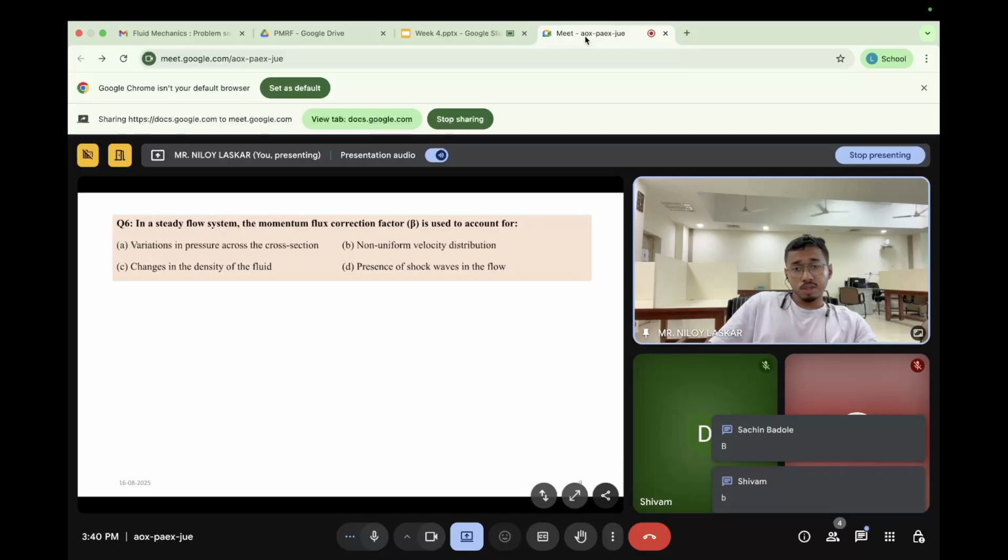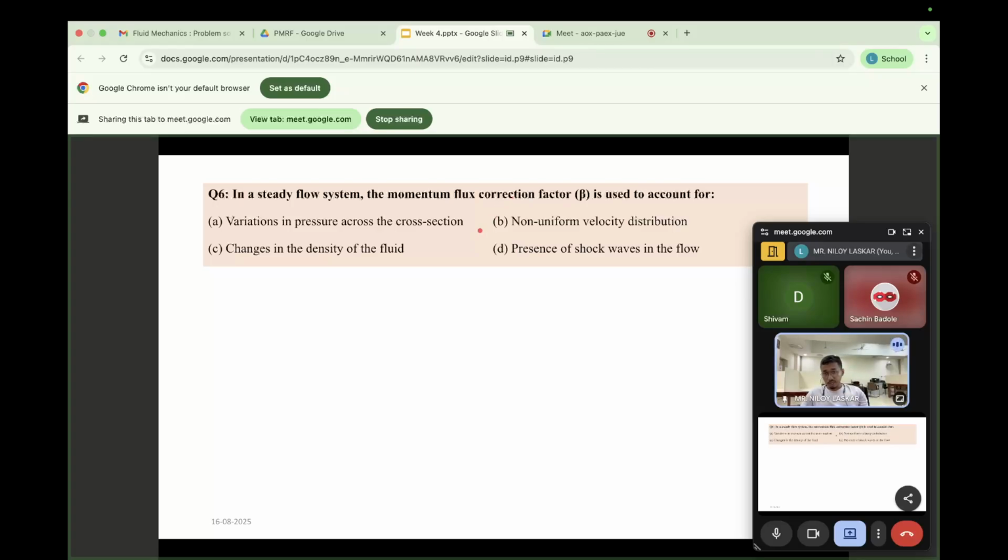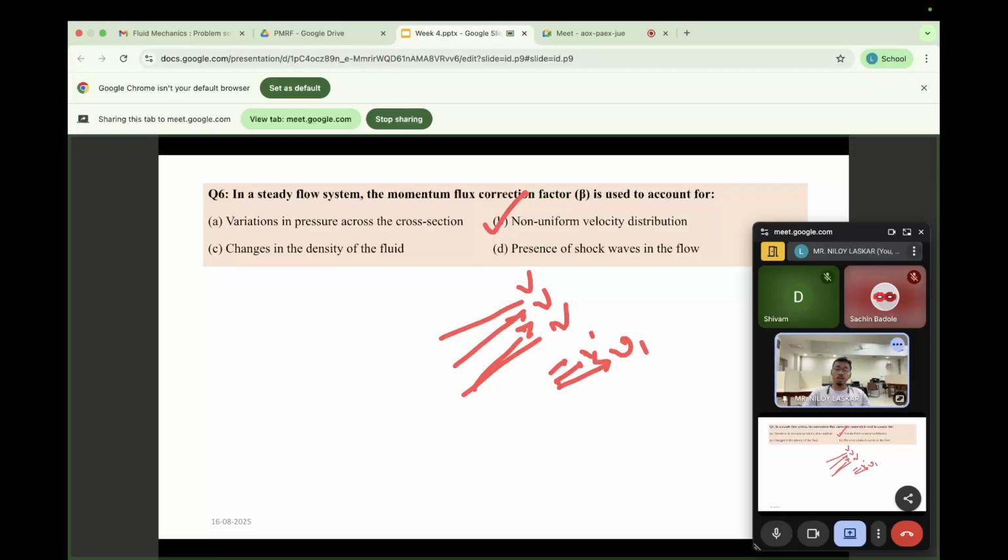Okay, good. Yes, both of you have answered. That is non-uniform velocity distribution. Yes, right. Because, as I already explained, in an ideal scenario the velocity at each and every point is v, but in real life, as we move toward the wall, it will decrease.